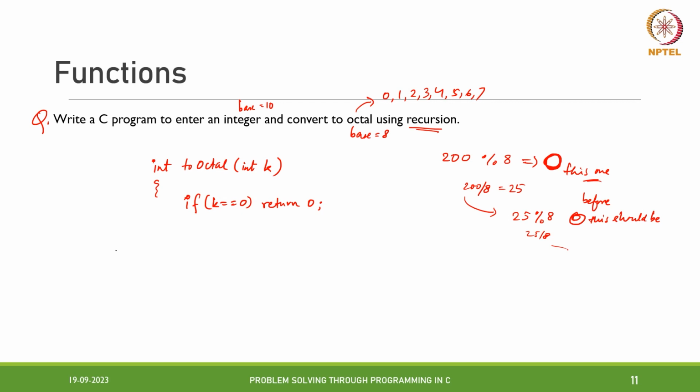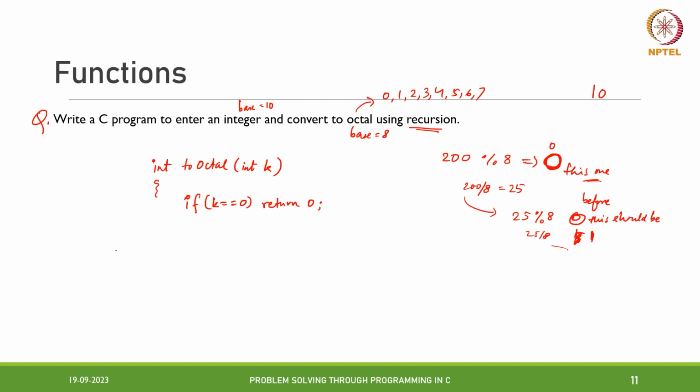So if this is say 1 and this is say 5 and here it is 0, this should be 1, right? It will be 1. So basically it should be 1 0, not the other way around. So this should come with a multiple of 10, right? Only then it will come before this.